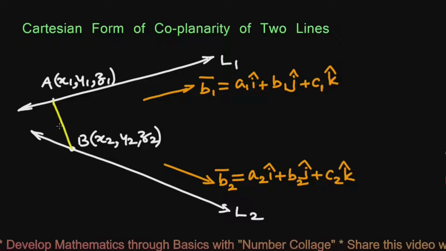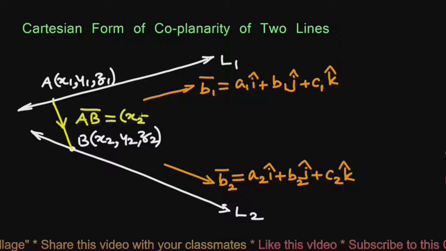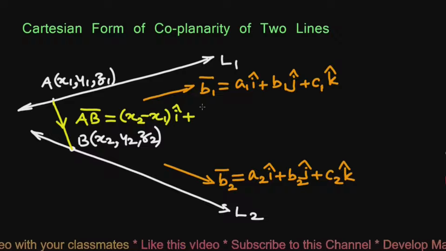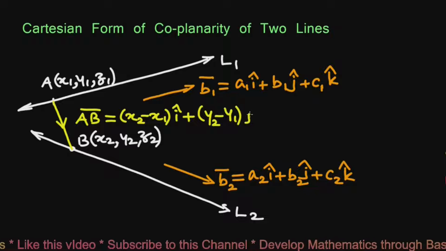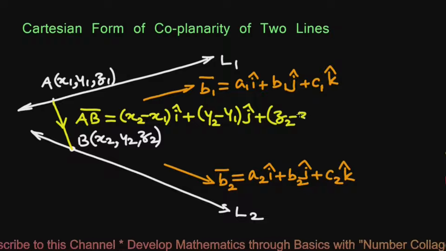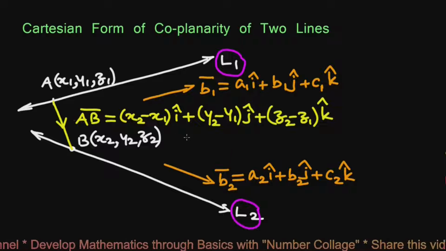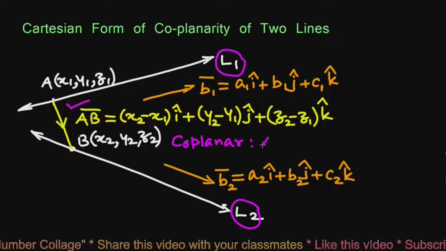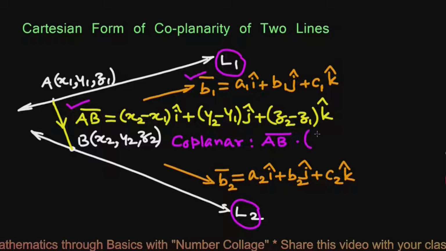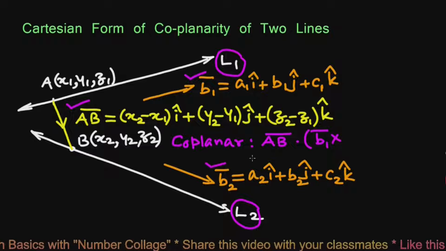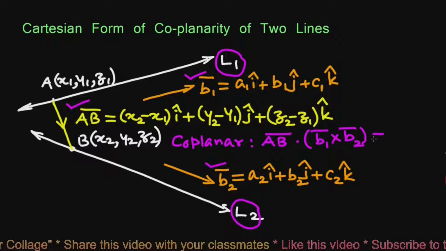Then vector AB will be x2 minus x1 i cap plus y2 minus y1 j cap plus z2 minus z1 k cap. Now lines L1 and L2 will be coplanar when this vector AB bar dot this vector b1 bar cross this vector b2 bar equals 0.